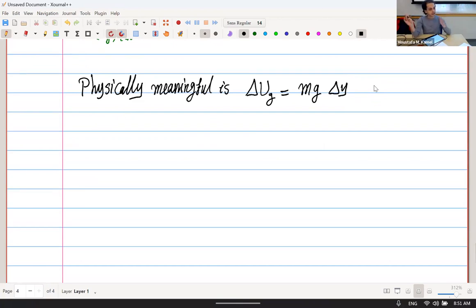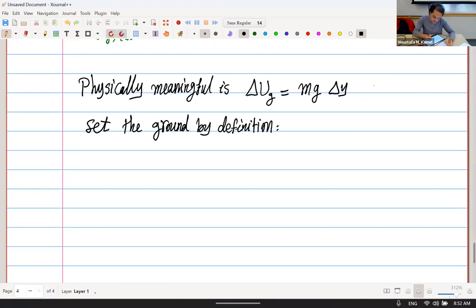Now that we understand that what's meaningful is the difference, we can set the ground by definition and for convenience to be the 0 potential. This is at y equal to 0. Okay.